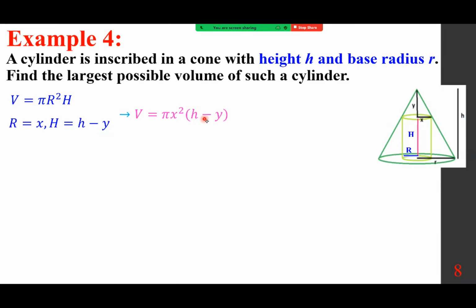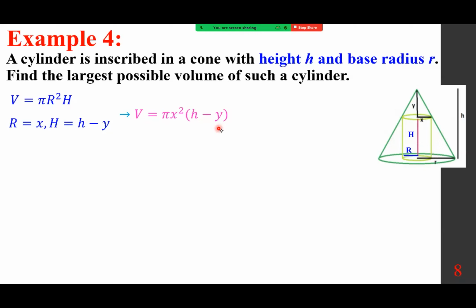And it's important to know that on the right side, h is fixed because it's the height of the cone. X is changing because depending on what happens here, we could have a shorter one, okay, or a taller cylindrical shape.